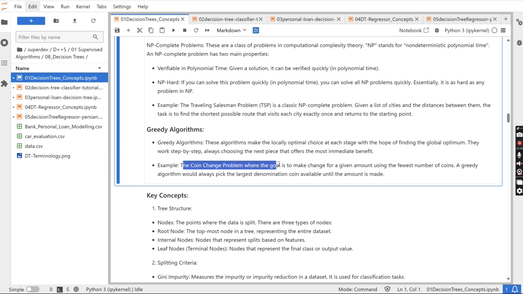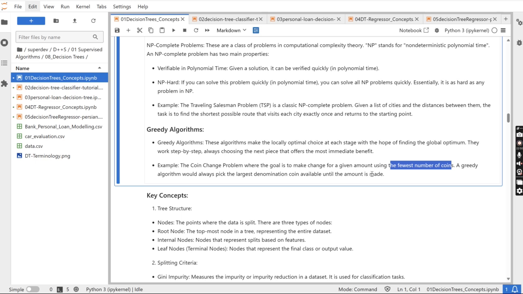And one example is the coin change problem. Coin change problem means to make the change with the fewest number of coins. Let's just say you have 100 rupees. What is the least amount of coins I can carry that will equate to the sum of 100 rupees? Clearly the answer is 10 rupees coins. 10 rupees coins will give you 100 rupees, right?